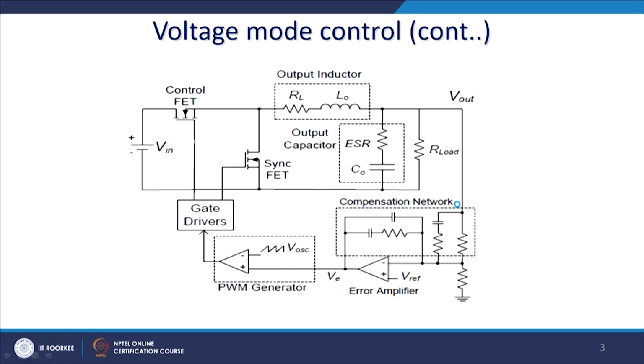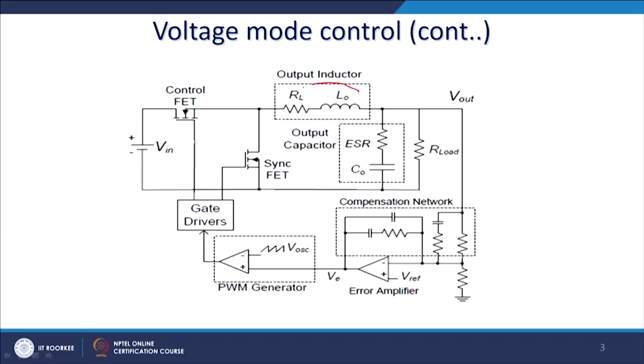Let us consider the operation of the voltage mode control of the simple buck converter. This is the device, and it contains parasitics. This RL is the parasitic resistance associated with the inductor, and this is the ESR, and ultimately these will lead to some deviation from the actual work, and we require to stabilize the output.